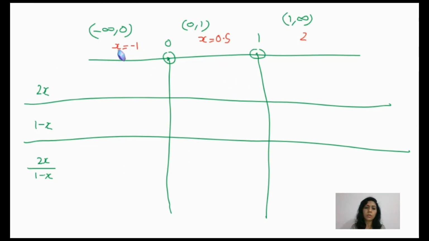When we put x is equal to minus 1 here, we get minus, answer is in minus. When we put a positive value, we get positive. When we put x value 2, it means positive.